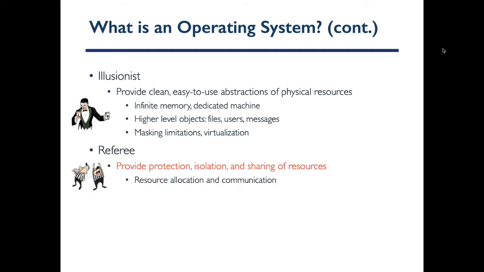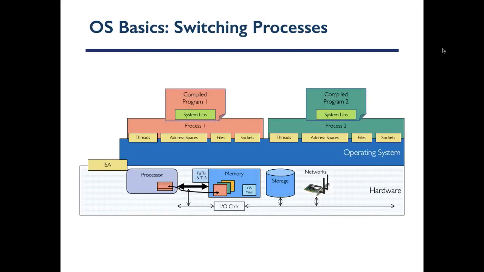The second job of operating system is a referee. So operating system is going to act as a referee. It's going to provide protection and isolation and sharing of the resources. So let's see. Here I have the exact same figure, but then I have two processes.